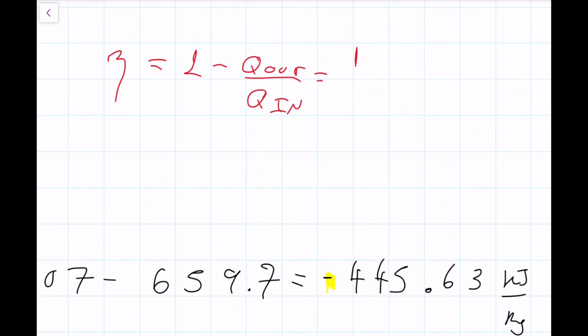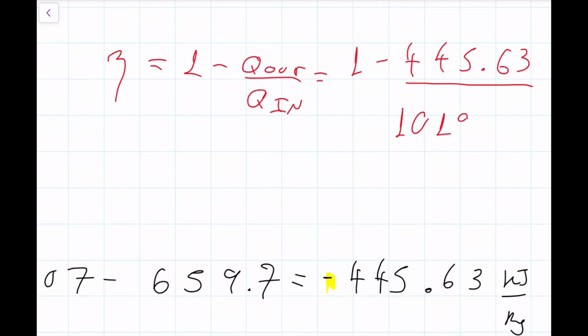And that's going to be 1 minus Qout, which is the 445.63 we just found, over my Qin, in the exact same unit, don't forget that, 1019.7. Okay, so that means that my efficiency is approximately 56.21%.